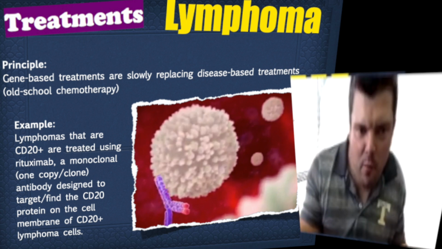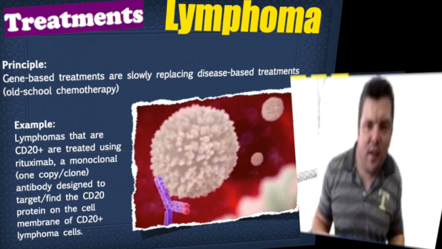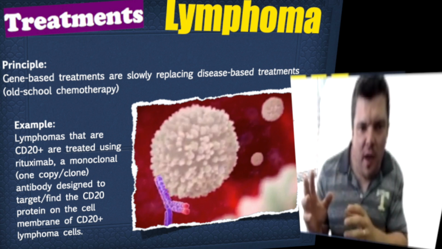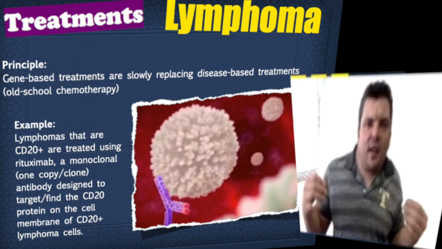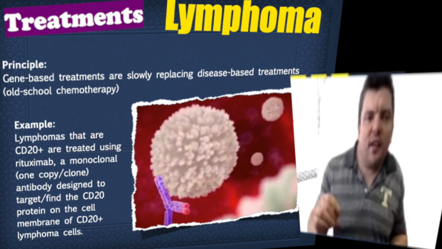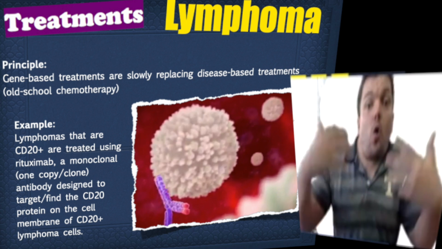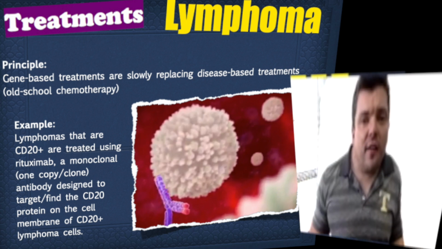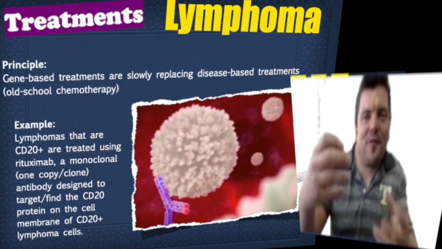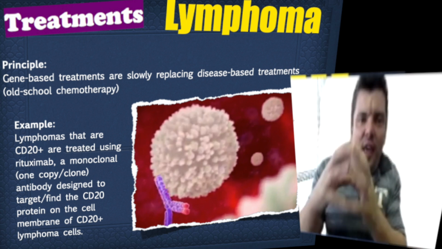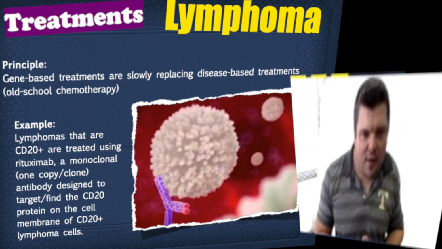That's what MAB means at the end of rituximab. So a patient would get an infusion of rituximab, go into the body, and its only destination is CD20 positive cells. So lymphoma cells that overexpress this are going to be more sensitive to the antibody-mediated destruction that rituximab allows for.